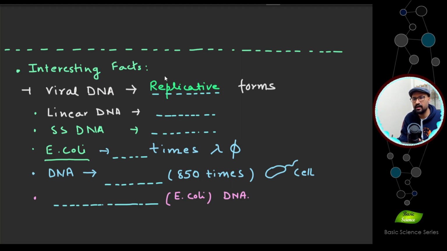Those are the replicative forms of the DNA or the viral genome. In this case, linear DNA can become circular, right? So let me write it down, circular. And the single-stranded DNA can become a double-stranded DNA molecule. That can happen. So these are the replicative forms of the viral DNA.